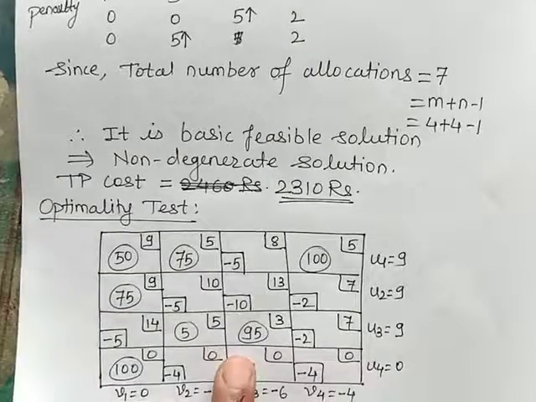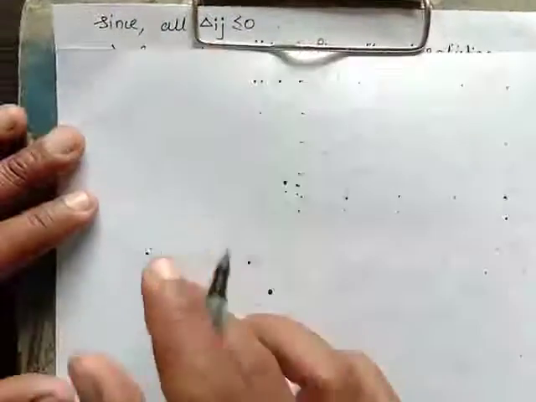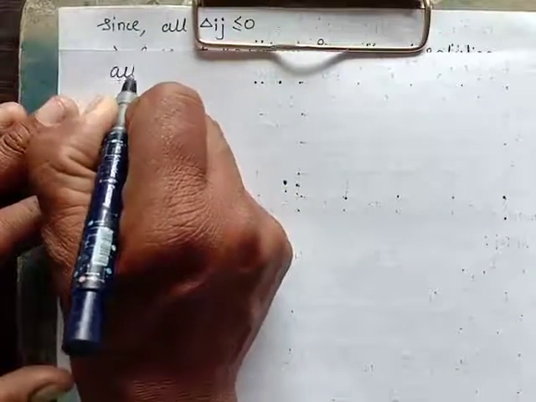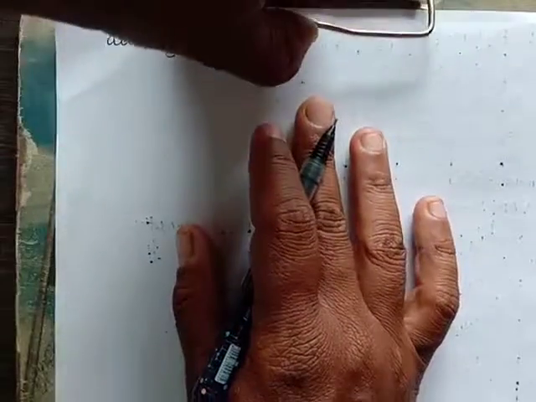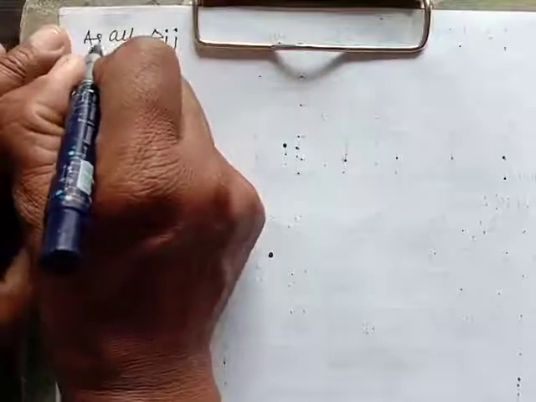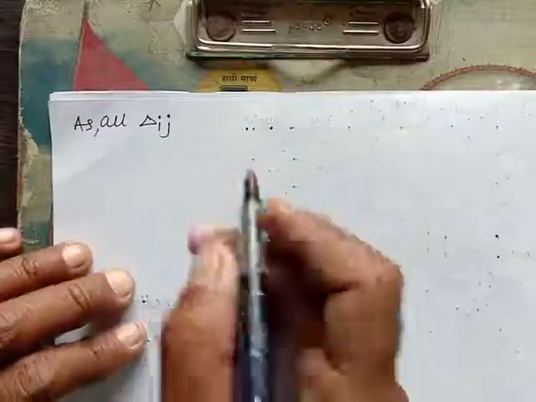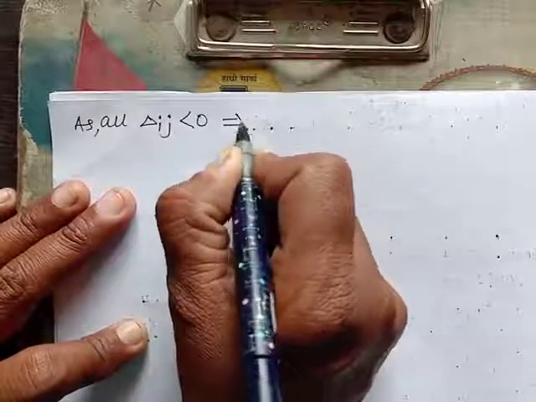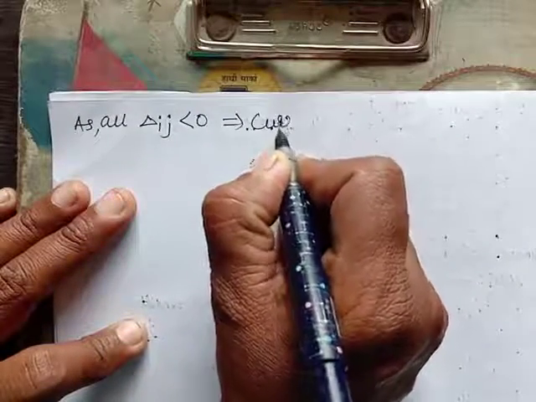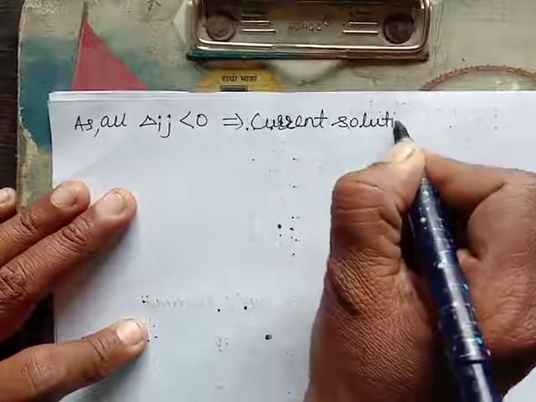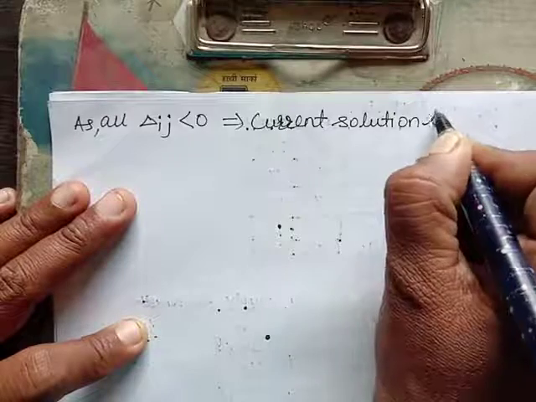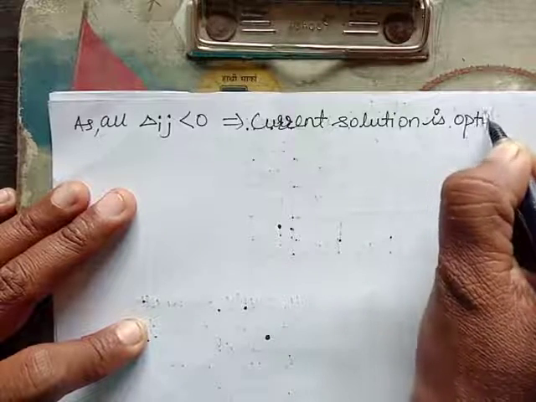So here let me write simply: as all delta ij's are less than 0, the current solution is optimal.